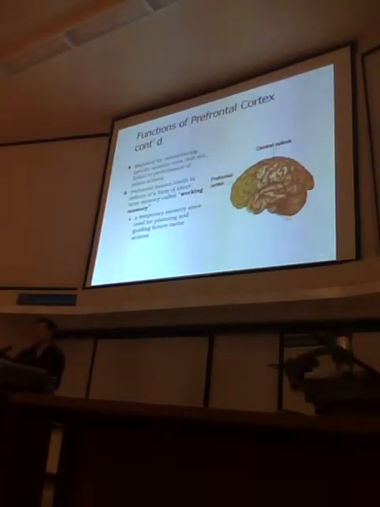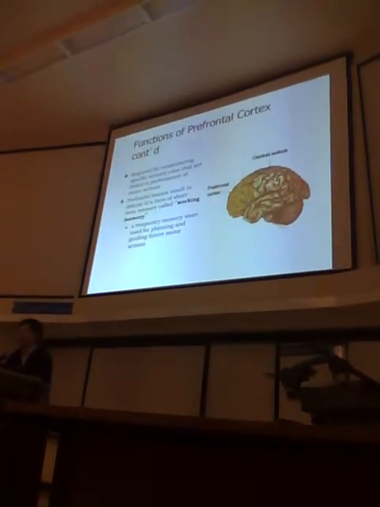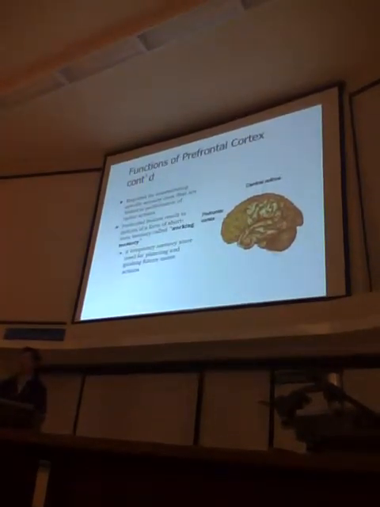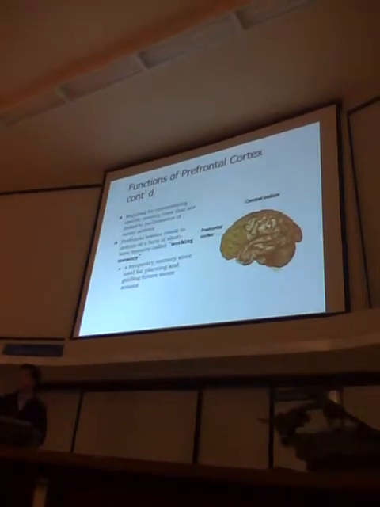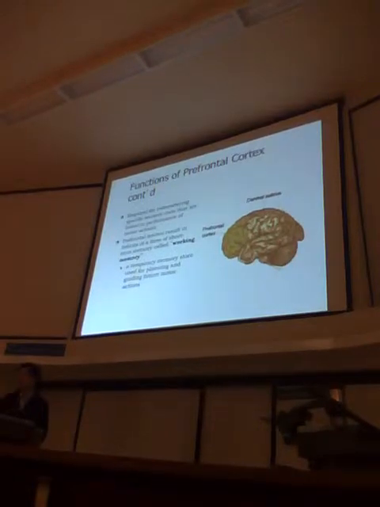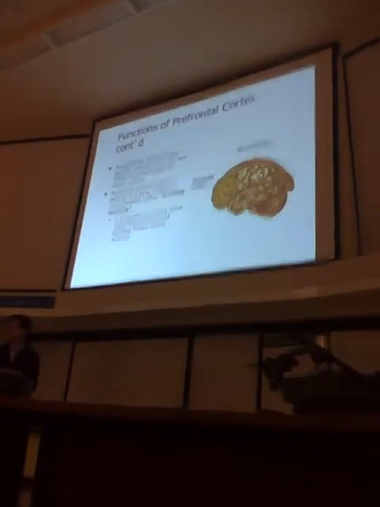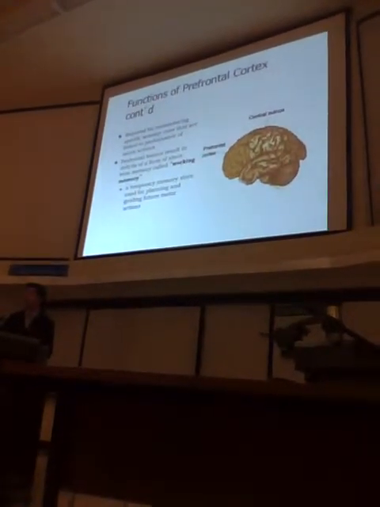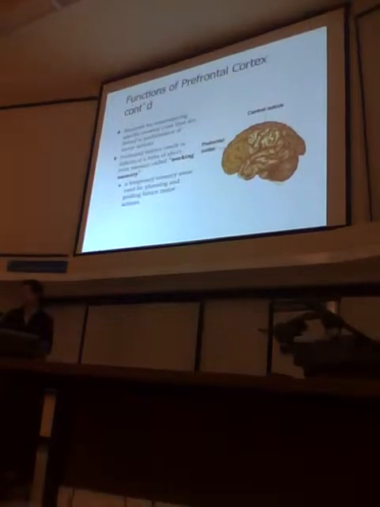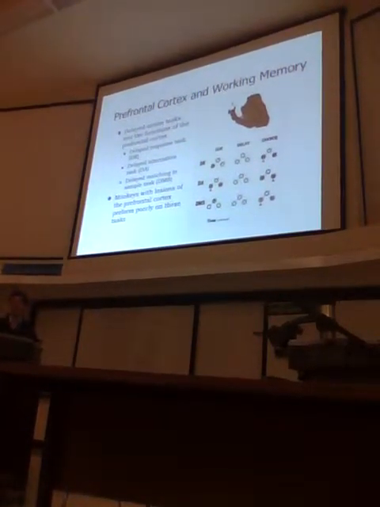So how do we explore the functions of the prefrontal cortex in the context of working memory? To really explore its mechanisms, you need to do electrical recordings from single units, single cells. And to do that, you need to use an experimental animal that is as close to humans as possible. So here we introduce our friend the monkey.